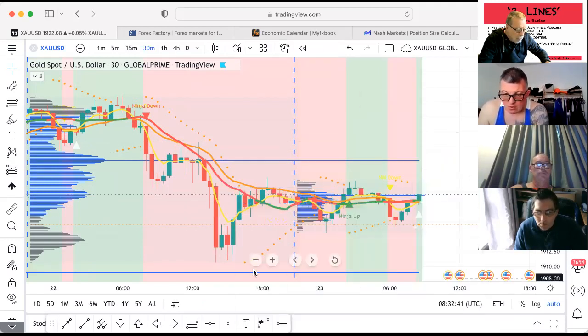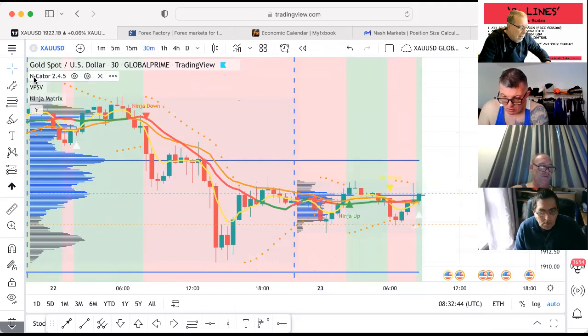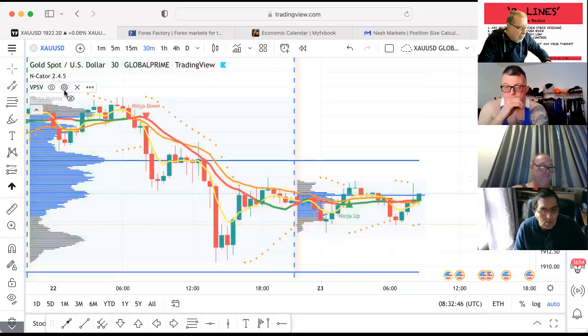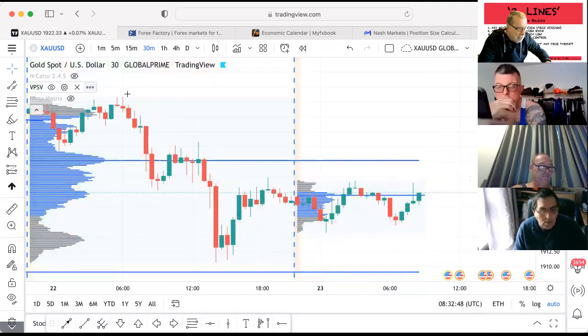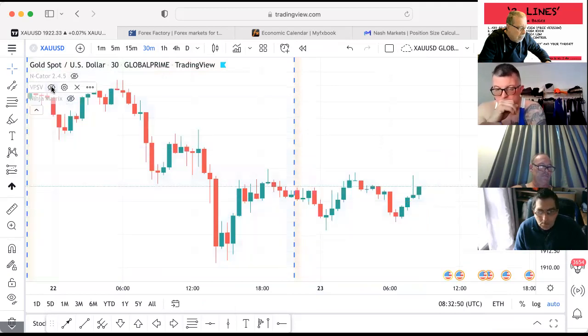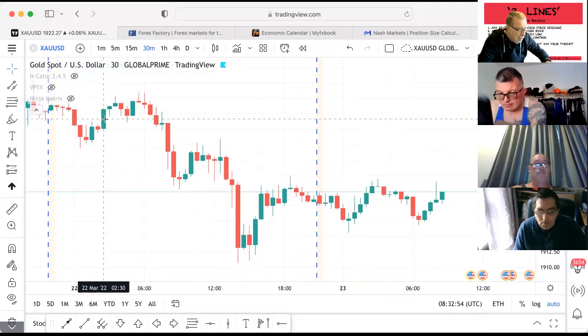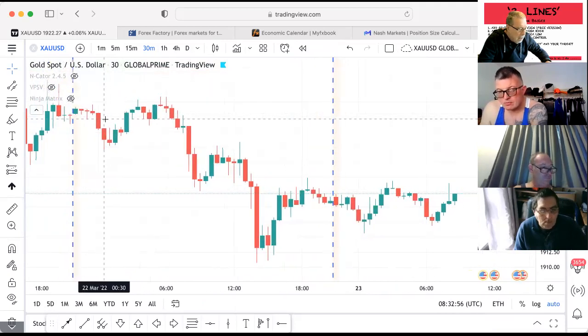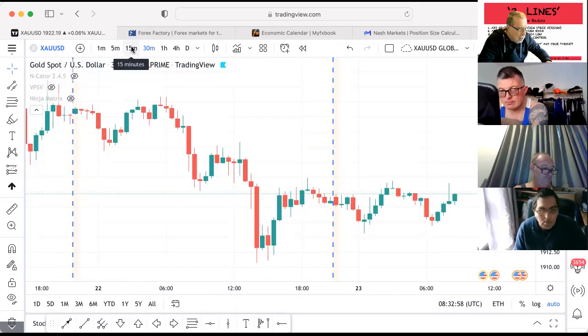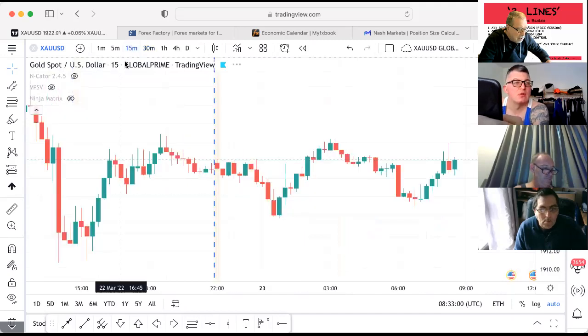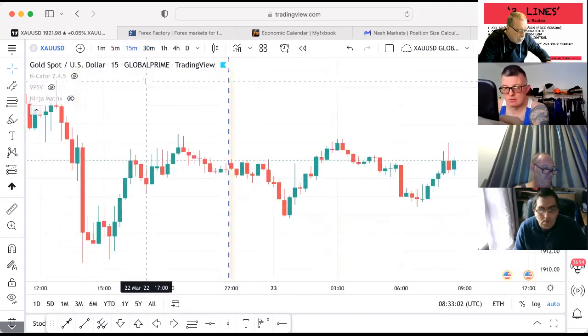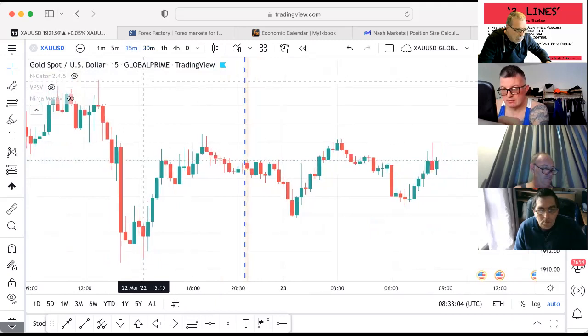Remove drawings, okay. And if I get rid of the matrix and the indicator, we now strip back to bare bones. We're on the 30-minute chart. I'll change it to 15 and try and get it all on the screen.